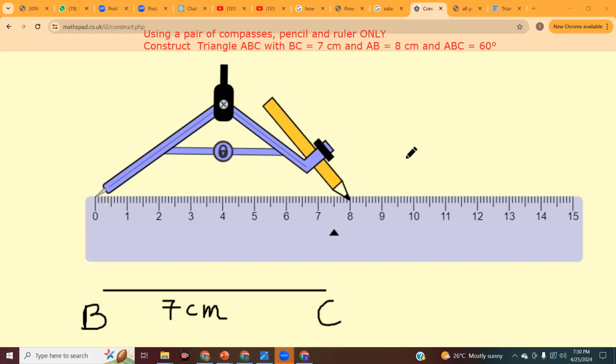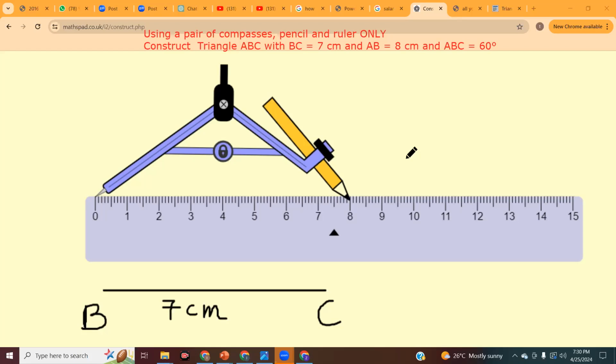Is this 8 centimeters? It's 8 centimeters, right? Yes, sir. Good. So 8 centimeters is what we have.